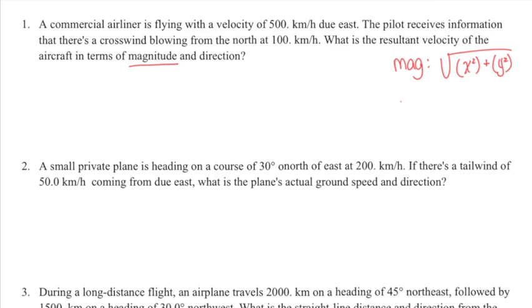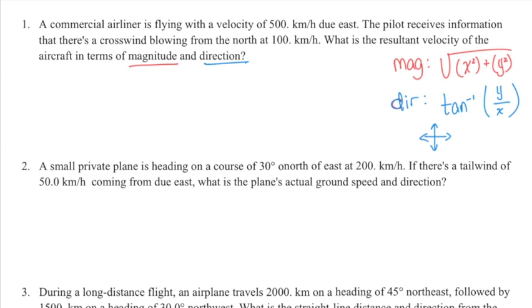And then direction. If they ask for direction, which they did in this particular one, then your direction is going to use your inverse tangent. It is always going to be the y value of your resultant over the x value. Now keep in mind, this will give you a reference angle on the coordinate plane. So you do have to think about where you are on the coordinate plane, how they gave you the directions, and how you would in turn give the directions back to them.